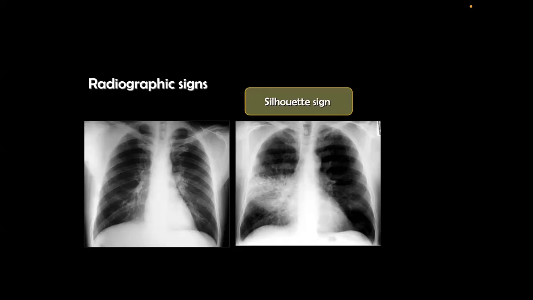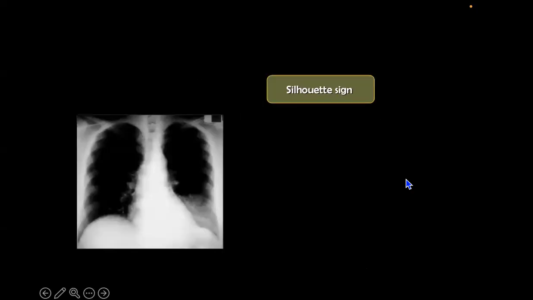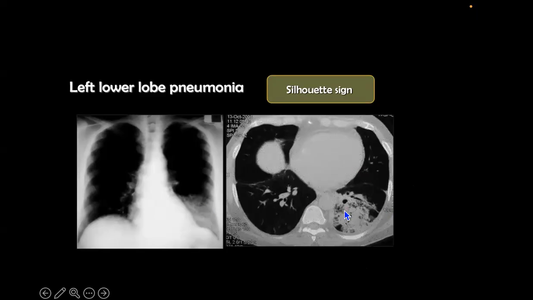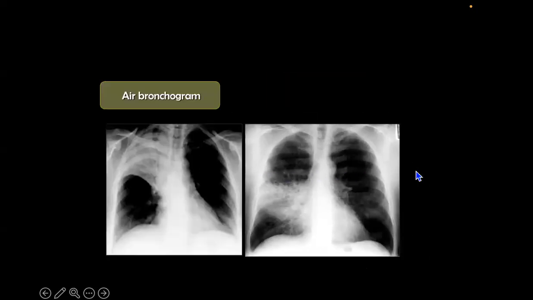It's an opacity in the middle lobe. When you have silhouetting of the right cardiac border, this is a middle lobe disease. When you have silhouetting of the left cardiac border, this is the lingula. And here we have an opacity with airspace consolidation.